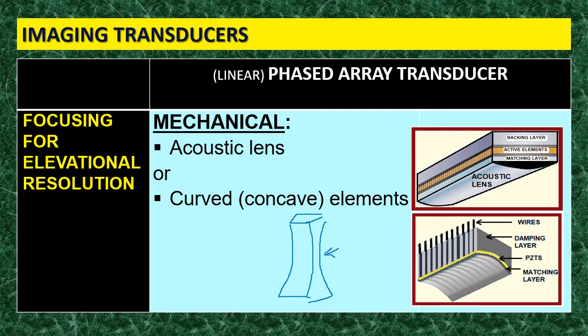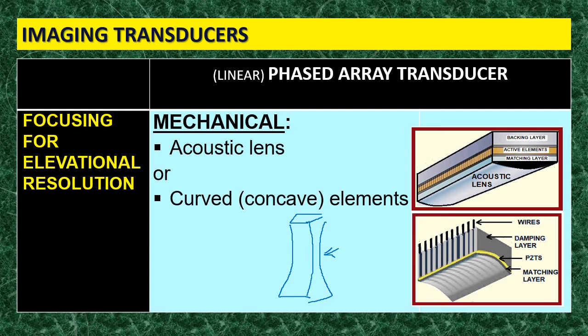So I get here again the slice thickness of the sound beam focused along the thickness of the elevational, okay, by mechanical focusing, by putting an acoustic lens like this one, or cutting the PZTs in a curved pattern. This one or this one will bring me slice elevation resolution focusing by mechanical means.